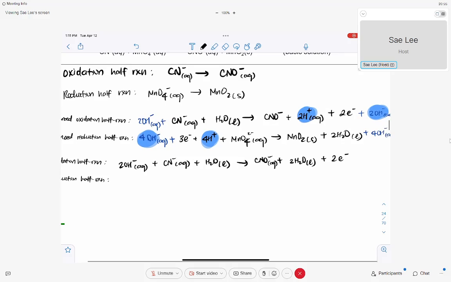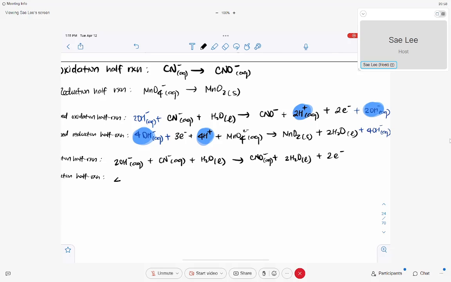For the reduction part, you have 4 water from this and this, 3 electrons, MnO4 minus, giving MnO2 solid, plus 2 water, plus 4 hydroxide.